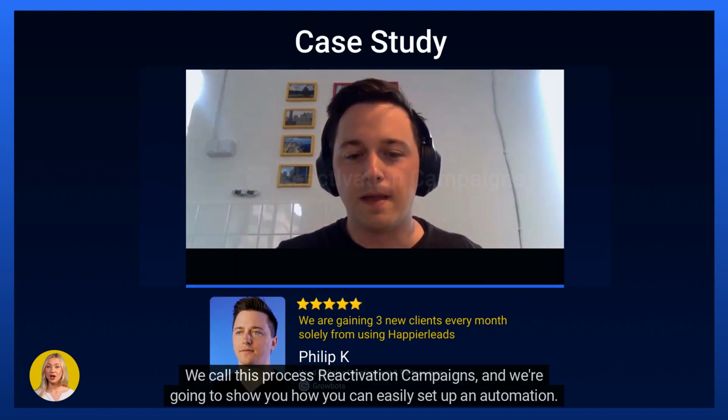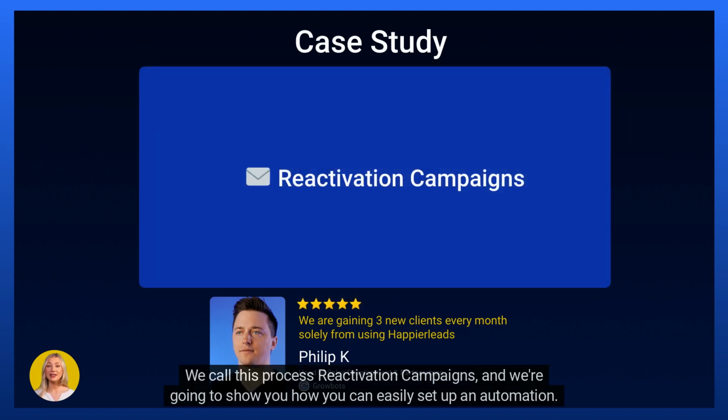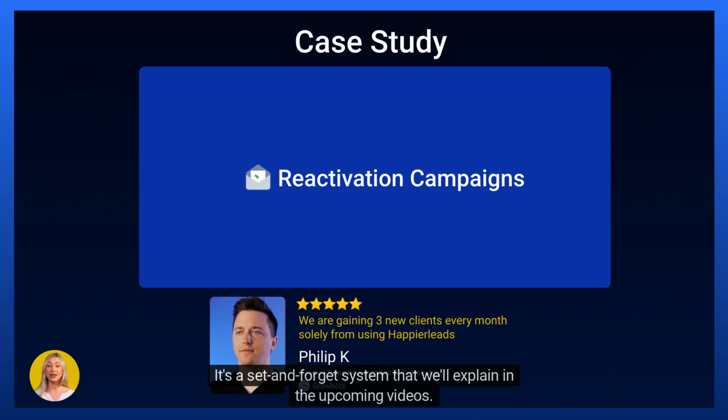You don't have to manually write those emails, remember to follow up, remember to personalize it every single time. It's all automated. So you send it and you forget it until the reply comes to your inbox. We call this process reactivation campaigns, and we're going to show you how you can easily set up an automation. It's a set and forget system that we'll explain in the upcoming videos.